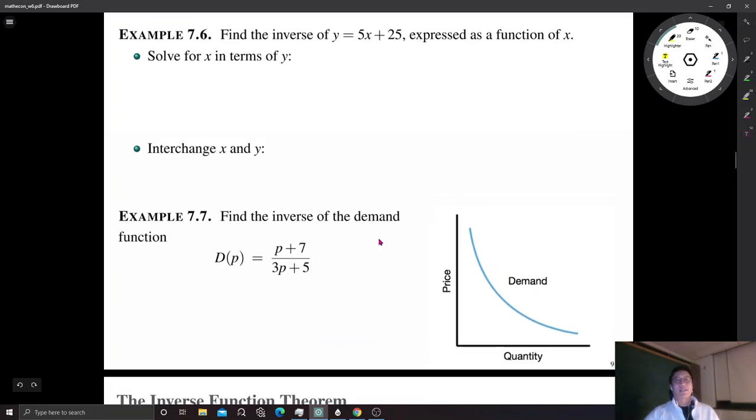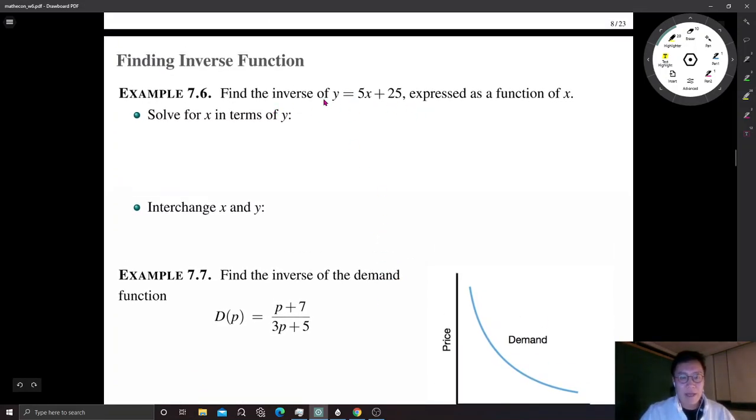All right. So here we have one original function, y equals 5x plus 25. And now from the derivative test, y prime, that is 5, is always positive, meaning that this function is monotone increasing, so one to one, so the inverse function exists. And the way to find the inverse is we first solve the original function for x.